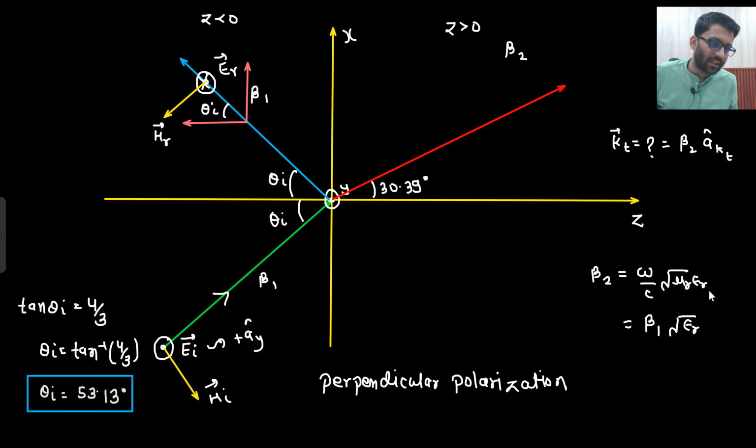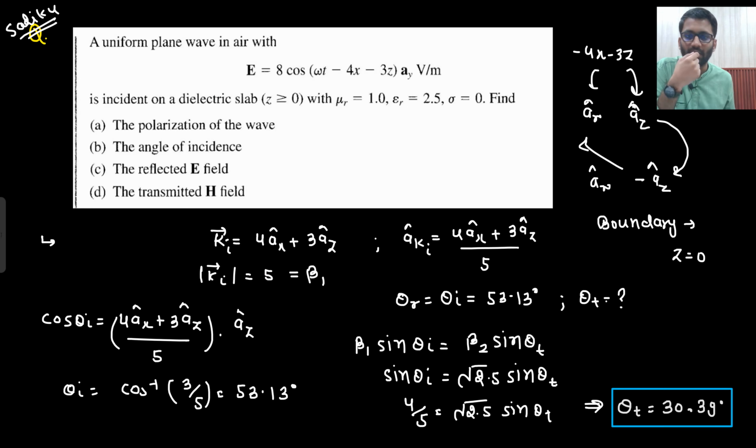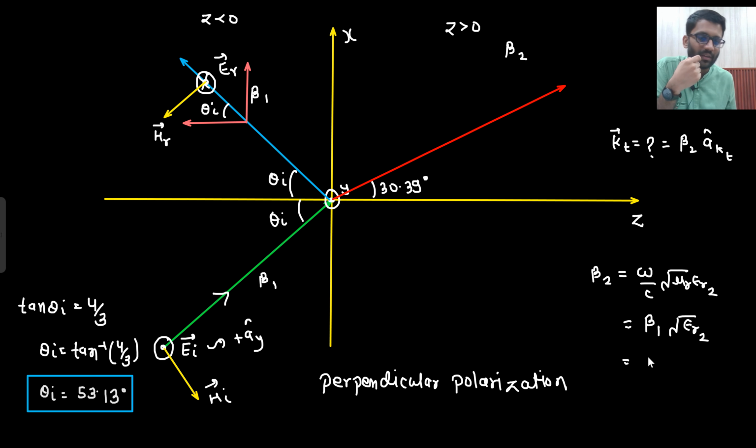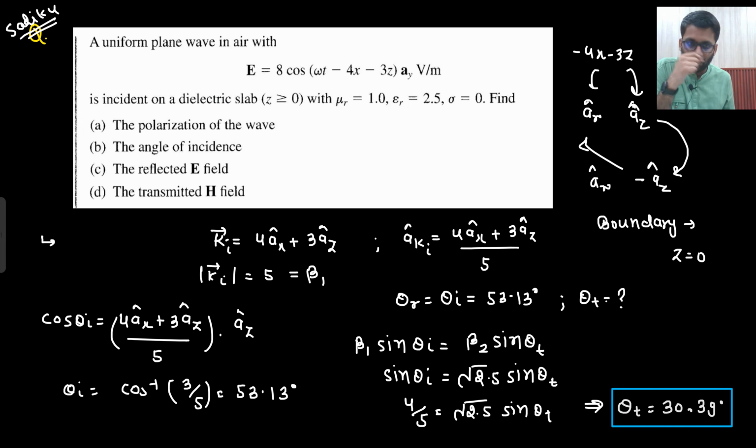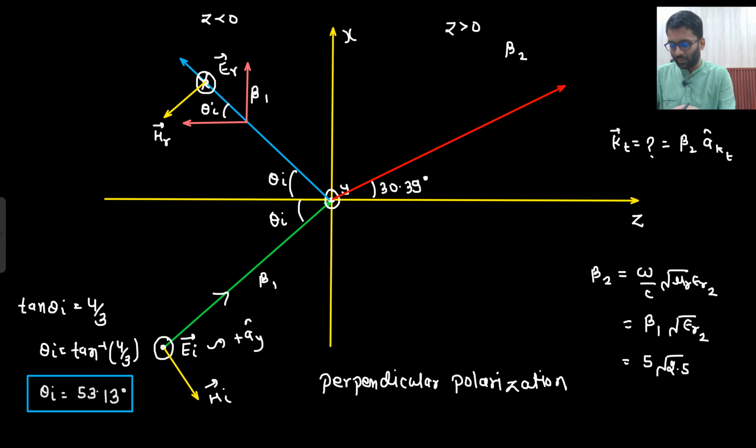So under root epsilon r2 actually. Beta 1 I am already having. Beta 1 is 5. So 5 into under root 2.5, that is 7.9. So beta 2 is 7.9.